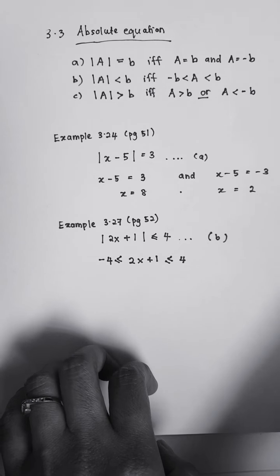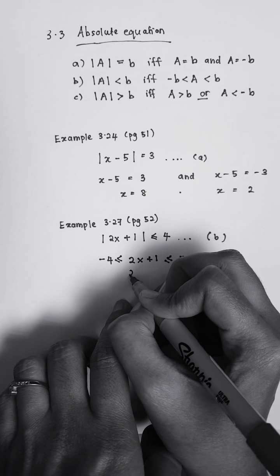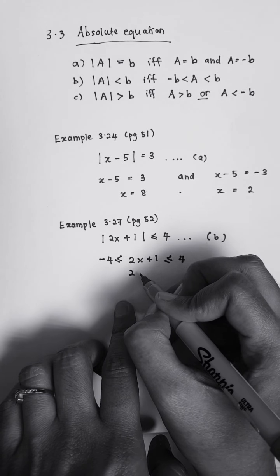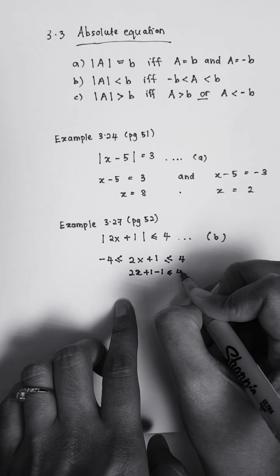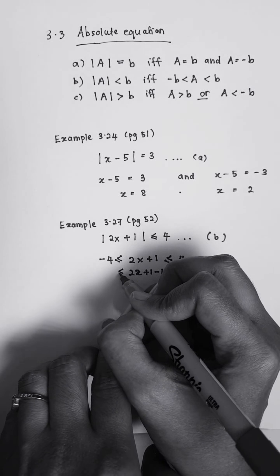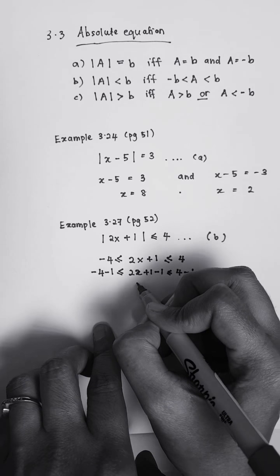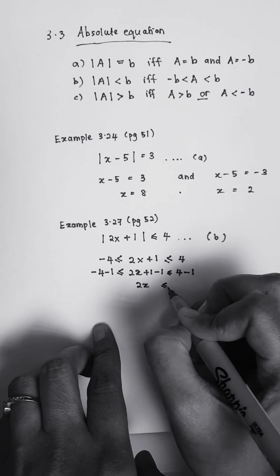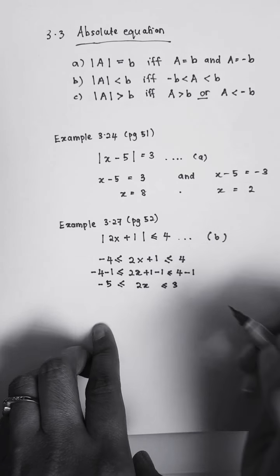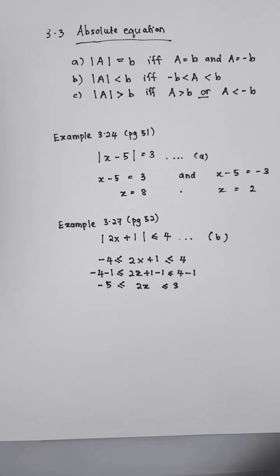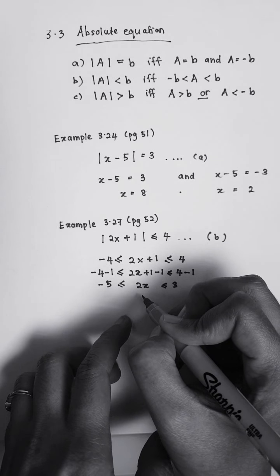Okay, so then we can solve it by subtracting 1. So we get 4 minus 1, and at the left hand side also minus 1. So then 2x is between negative 5 and 3. Then we need to divide by 2.